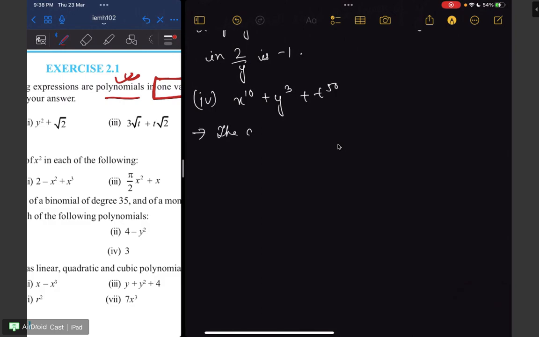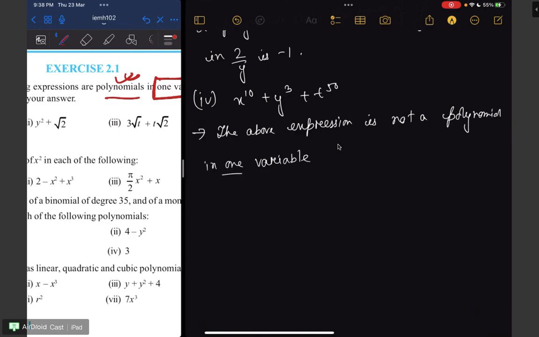The above expression is not a polynomial in one variable.